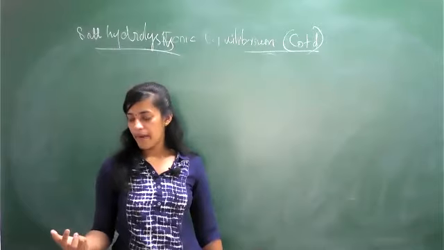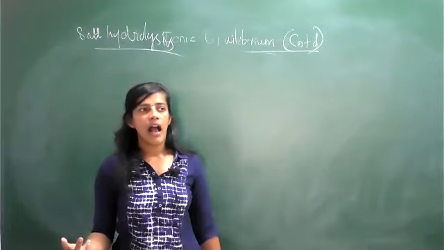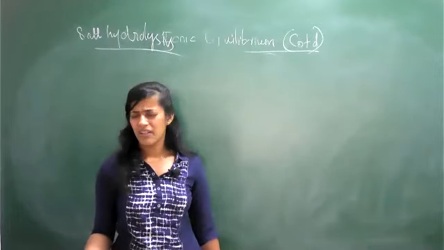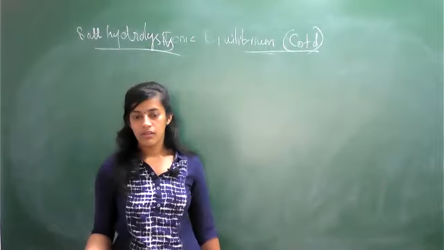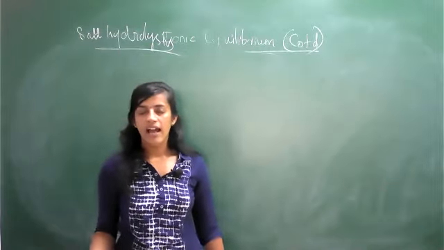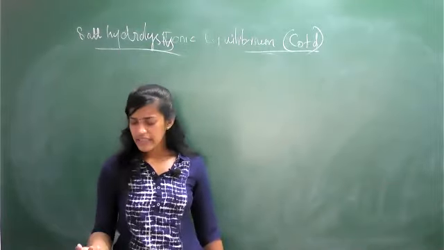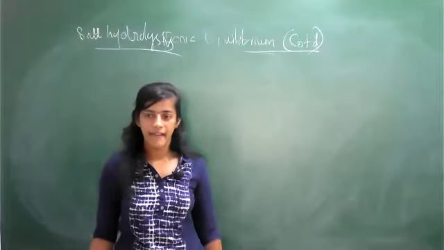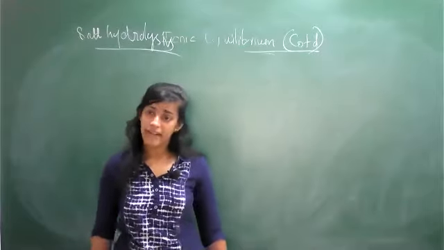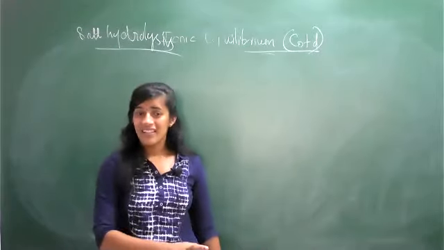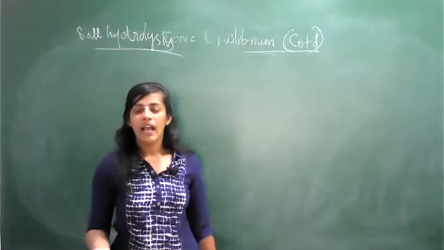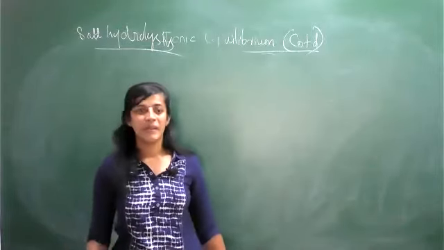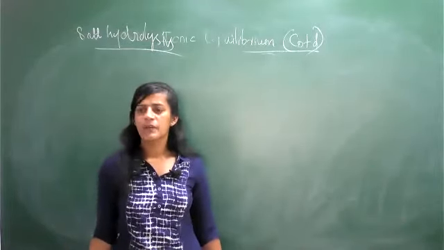Then the ionic product of water. These three portions are pending. After that, we will cover chemical equilibrium, ionic equilibrium plus chemical equilibrium. We did that. Next one may be thermodynamics.